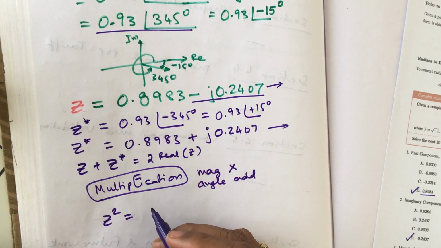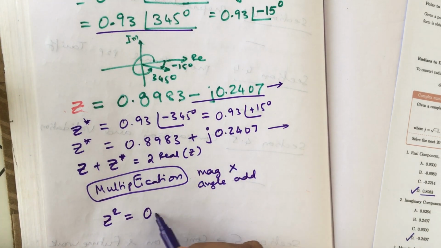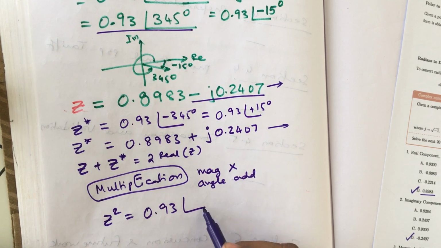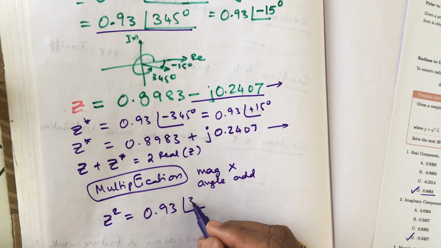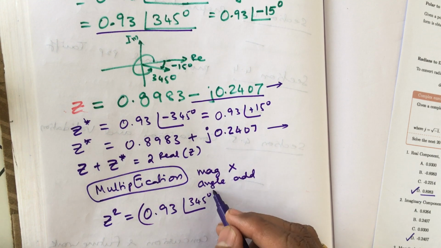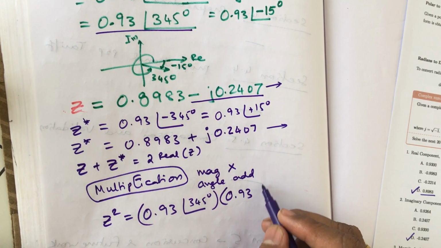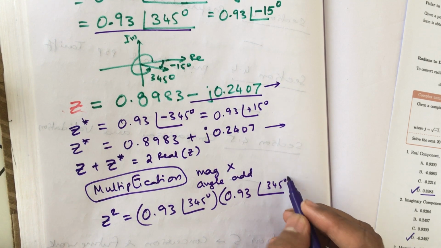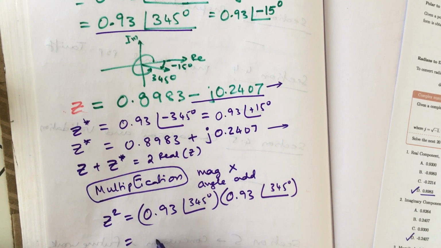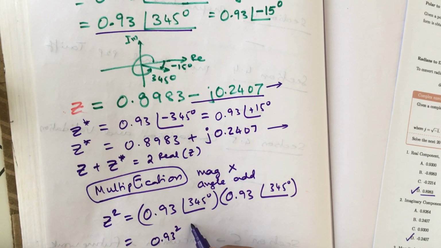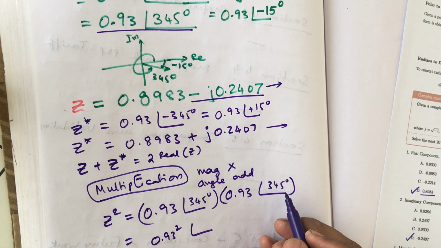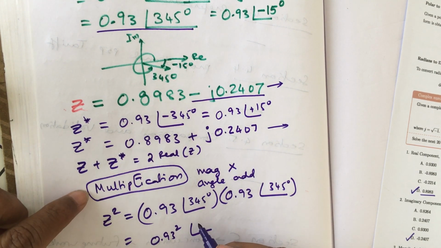Z square is 0.93 angle 345 degrees, squared. If I multiply again 0.93 angle 345 degrees, it is 0.93 square, and the angles will add, 345 plus 345. So you will be getting what?